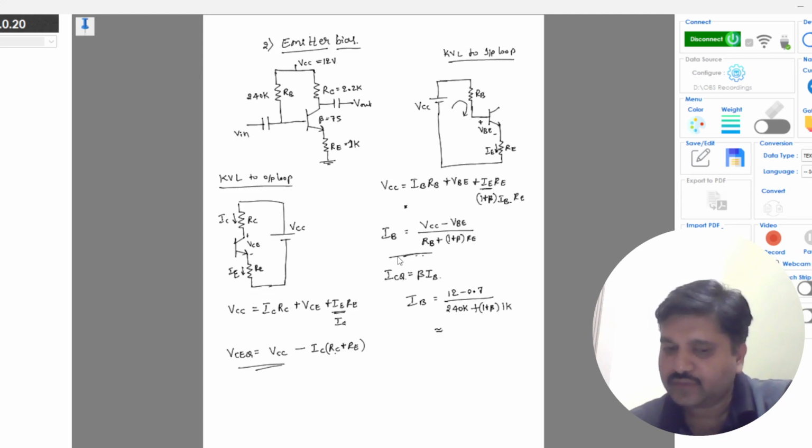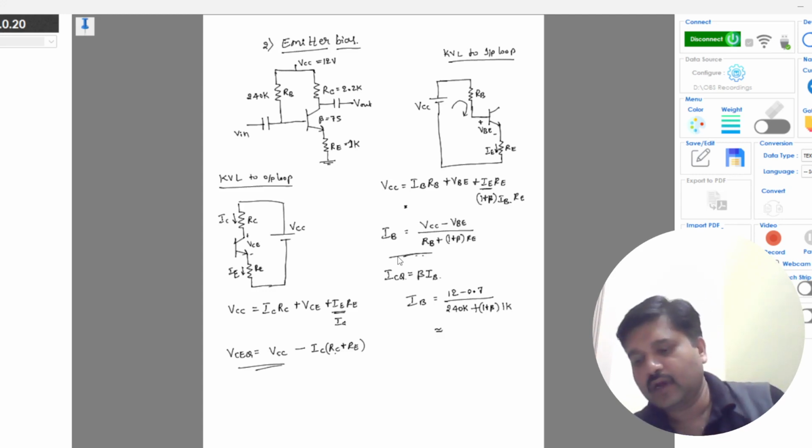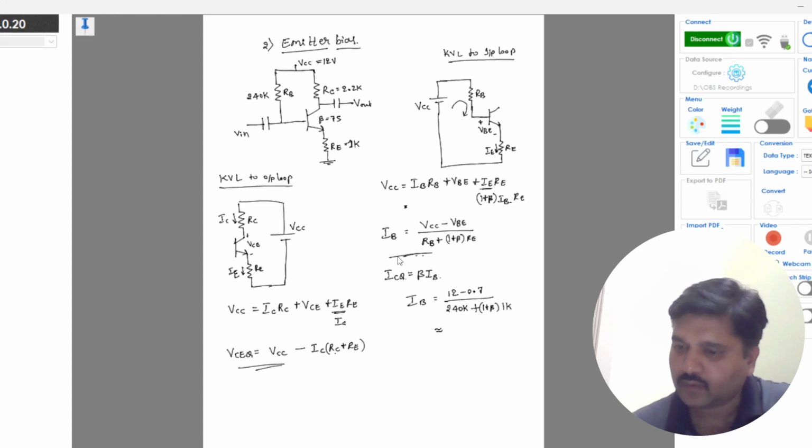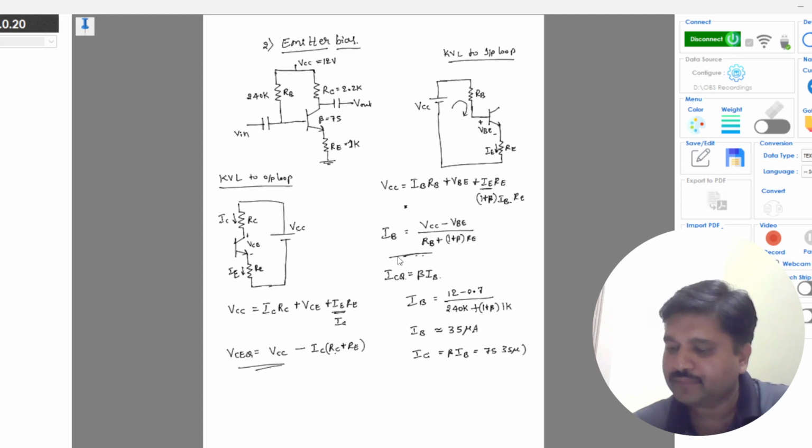You will get approximately IB to be around 35 microamps. This is your new IB, and IC corresponding to this will be beta times IB, which is 75 into 35 micro.